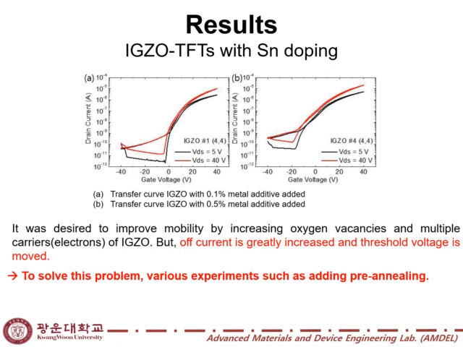The zinc lattice of IGGO was replaced with other metal ions to increase oxygen vacancy and electrons of the thin film transistor to induce mobility improvement. But off current was greatly increased and threshold voltage was moved. And to solve this problem, various experiments were conducted, such as adding pre-annealing.